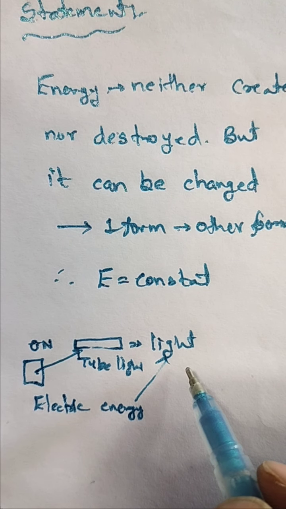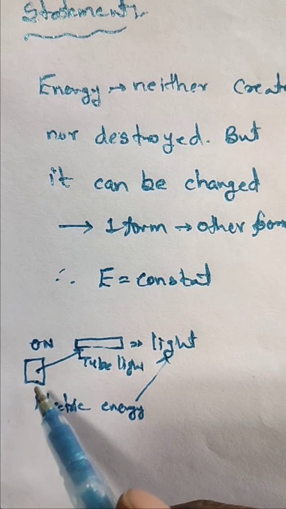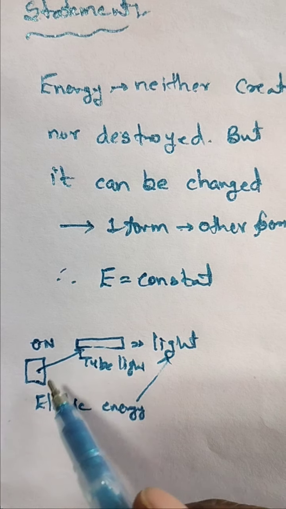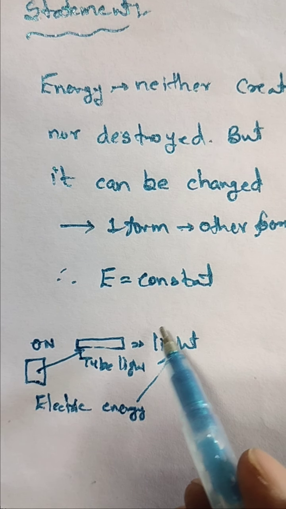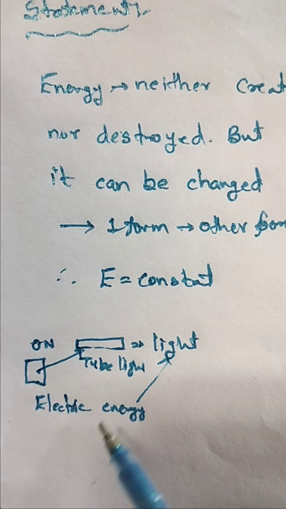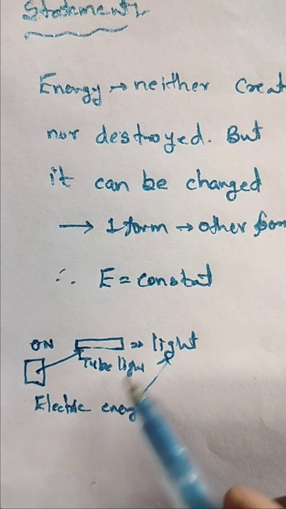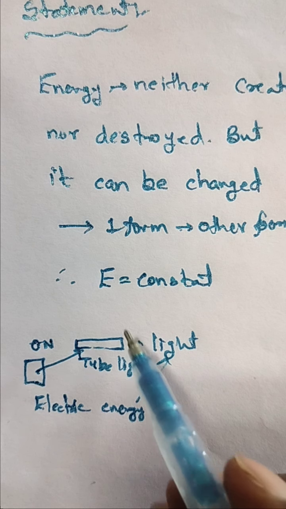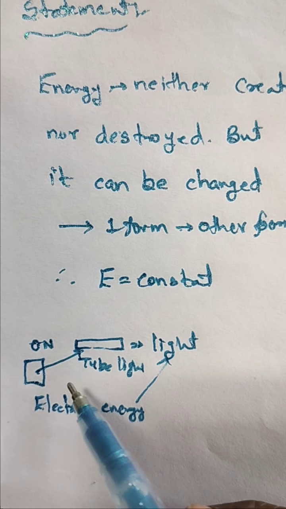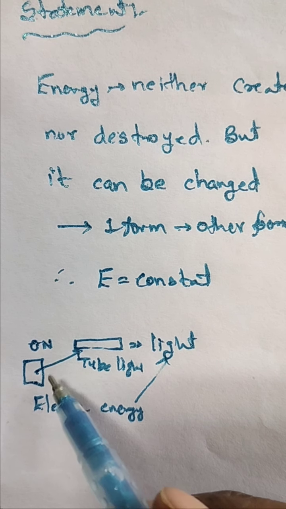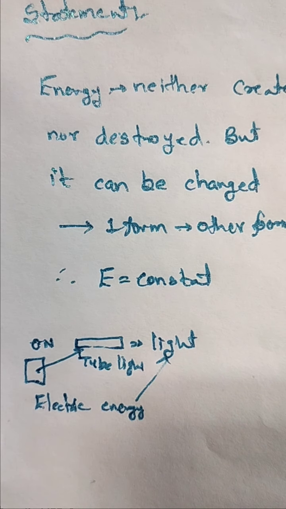Always, energy is transferred from one form to another form. Light energy can also be converted back into electric energy by the photoelectric effect. So energy is neither created nor destroyed, but it can change from one form to another. This is one definition.